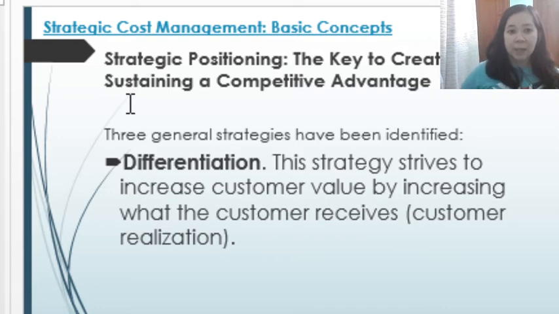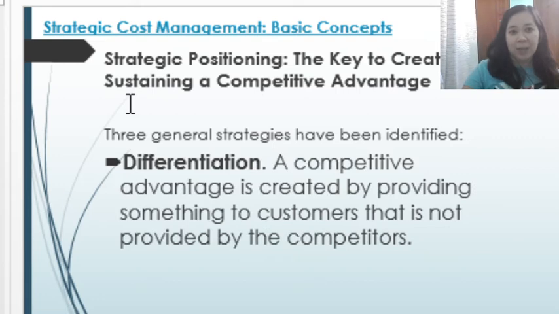So here, this strategy strives to increase the customer value by increasing what the customers receive, or customer realization. Okay, so how do they do the differentiation? This is created by providing something to the customer that is not provided by the competitors.